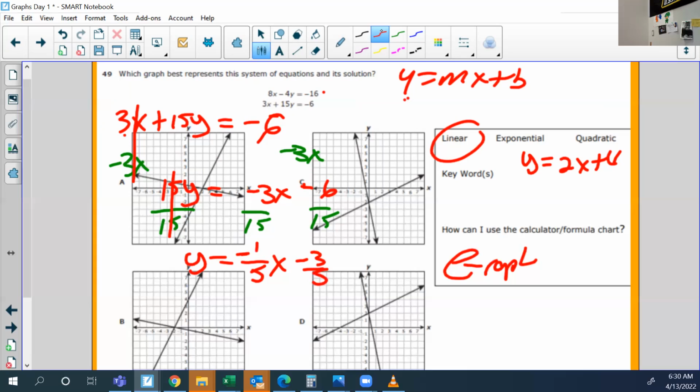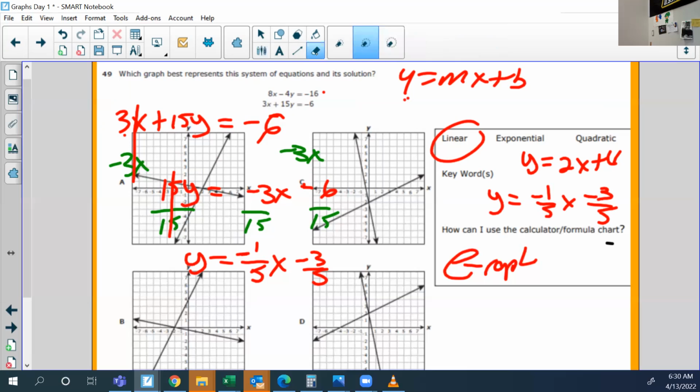So my other equation now is y is equal to minus 1/5x minus 3/5. Once you've done this, you can graph both equations and see which one it matches in the calculator. Or let me erase this now.